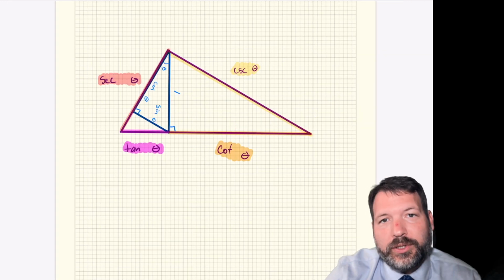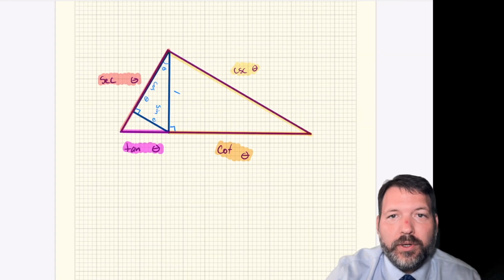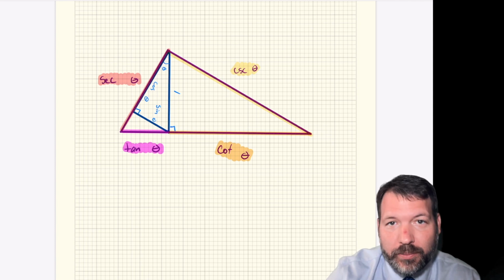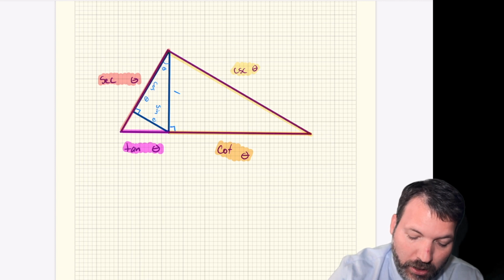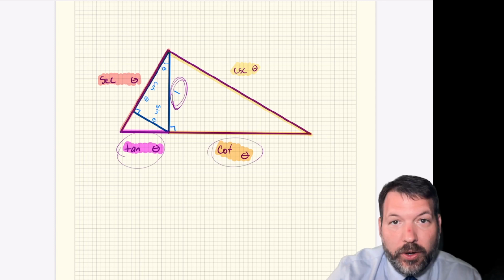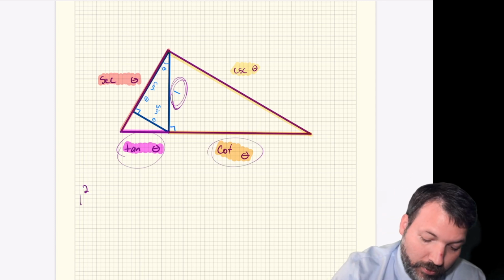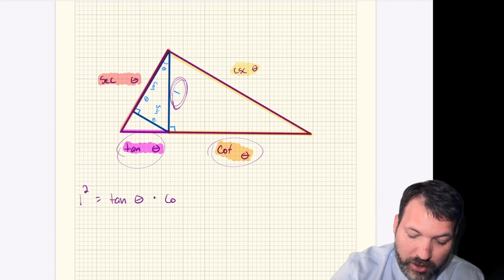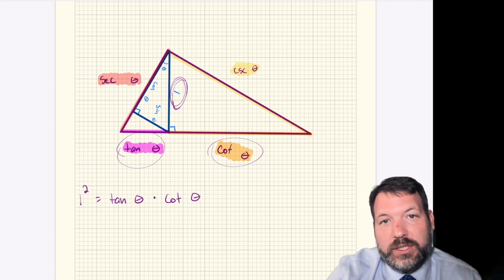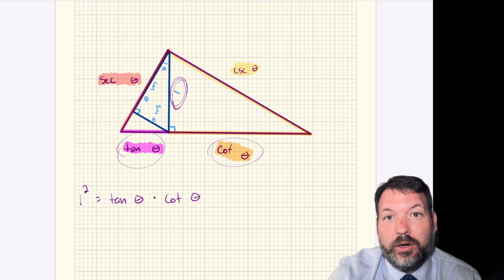So what we should be able to do is to take those various geometric means and also generate our Pythagorean identities from those geometric means. So for example, here, what you should notice is, oh, well, 1² would be the geometric mean between tangent theta and cotangent theta, which is absolutely true. 1², of course, does equal tangent theta times cotangent theta, because of course tangent theta and cotangent theta are reciprocals.